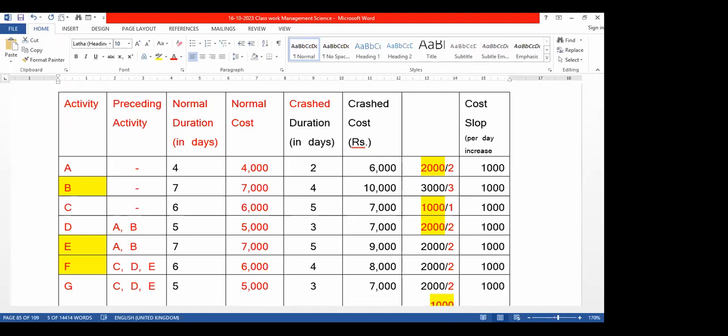Students, what will happen if there are any delays in critical activities? The project duration will increase, right? If there are any delays in any critical activities, the project duration will be increased. That is the result. So therefore you have to think about what is the status of critical activities and non-critical activities.